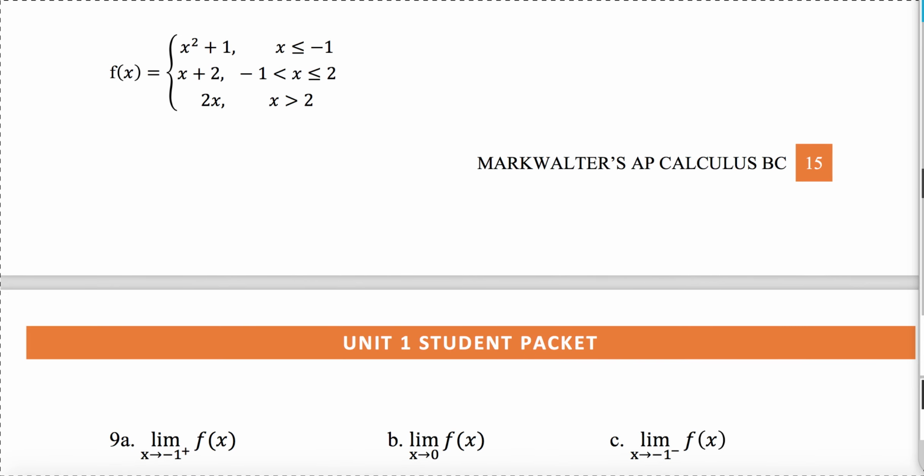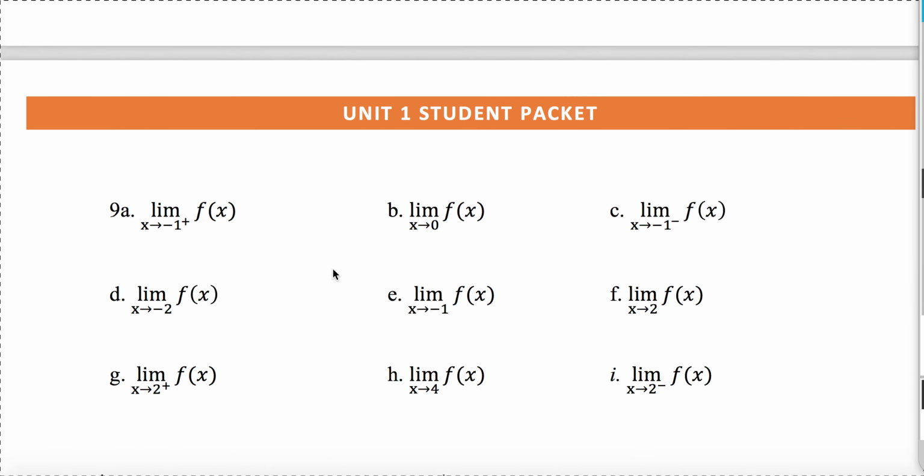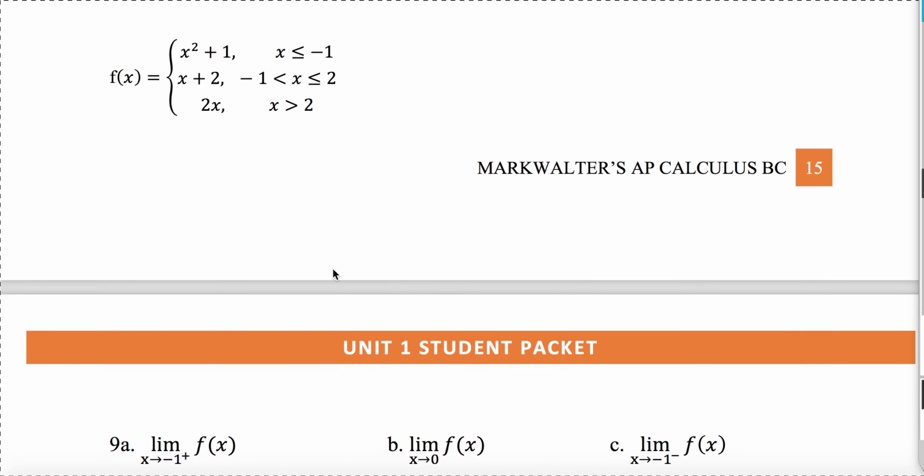All right. So again, we're going to use this piecewise function at the bottom of 15 to answer 9a through I, okay? So let's take a look as x approaches -1 from the right. We've got to be careful here. We got this branch here, -1 from the right-hand side is this first one. So that's up here, the right-hand side of -1. So -1 plus 2 will give me a limit of +1.